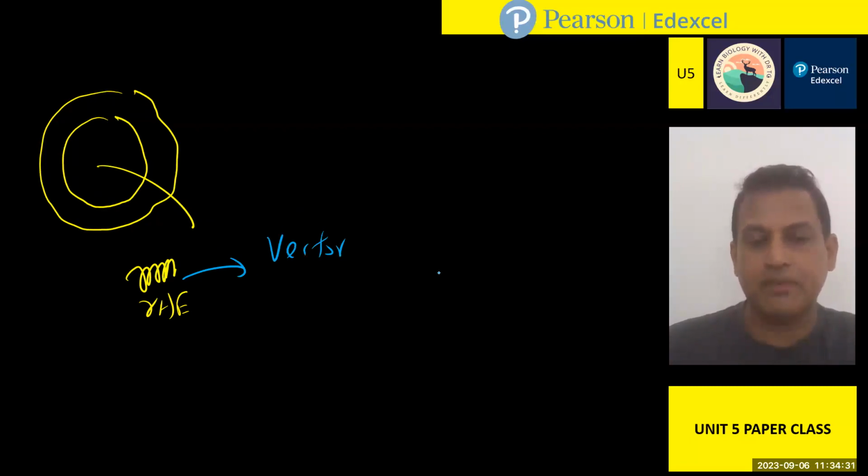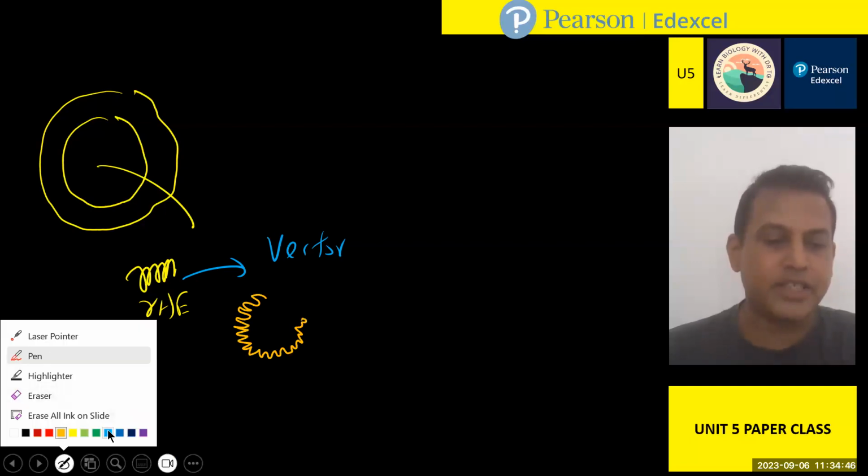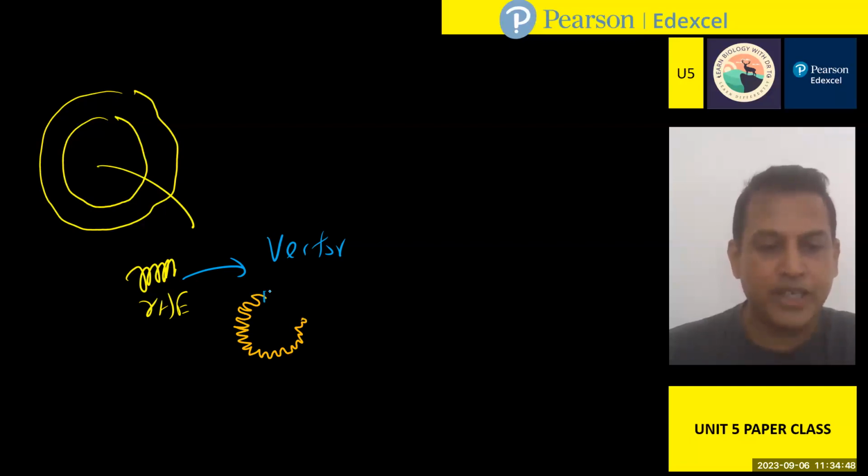Vector can deliver efficiently. For example, the common vector we can take is the plasmid. So plasmid is like this, and we can use again restriction endonucleases, and we can insert the human gene into the plasmid.